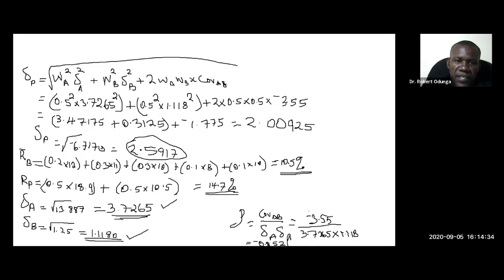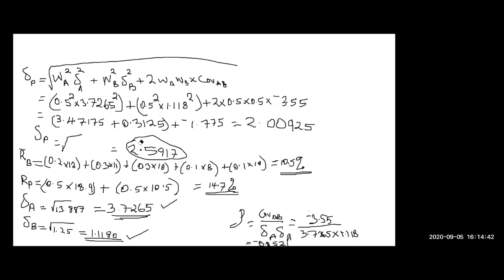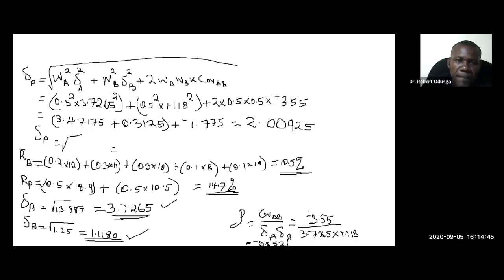So the square root of 2.00925 should give us 1.4175.